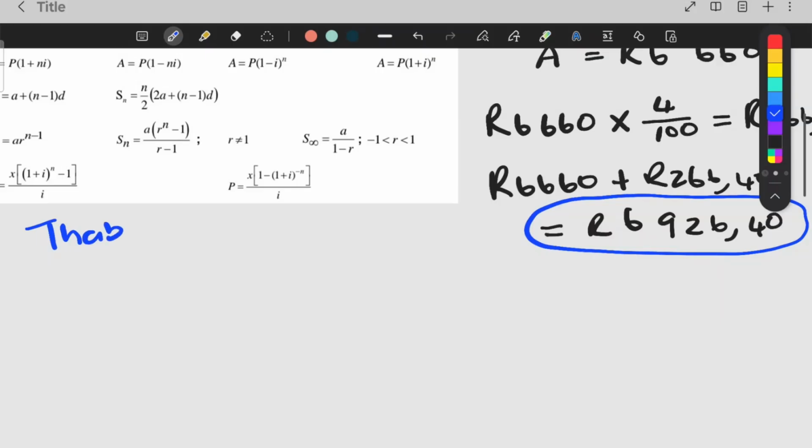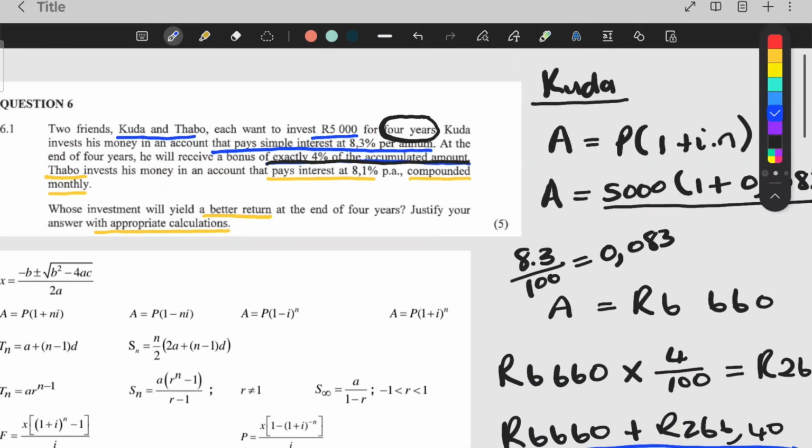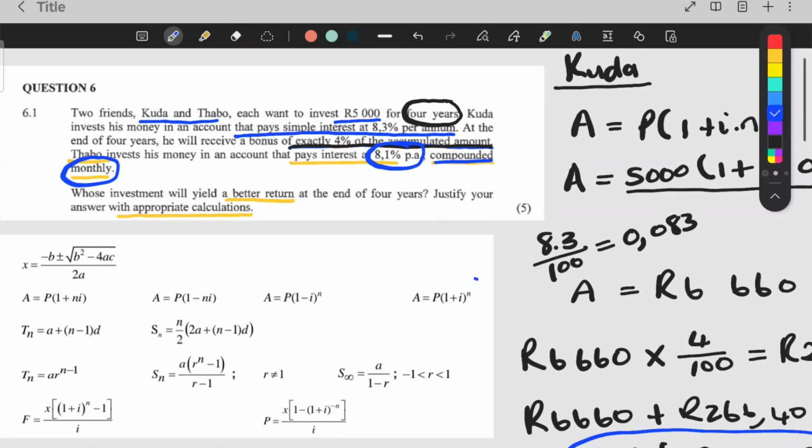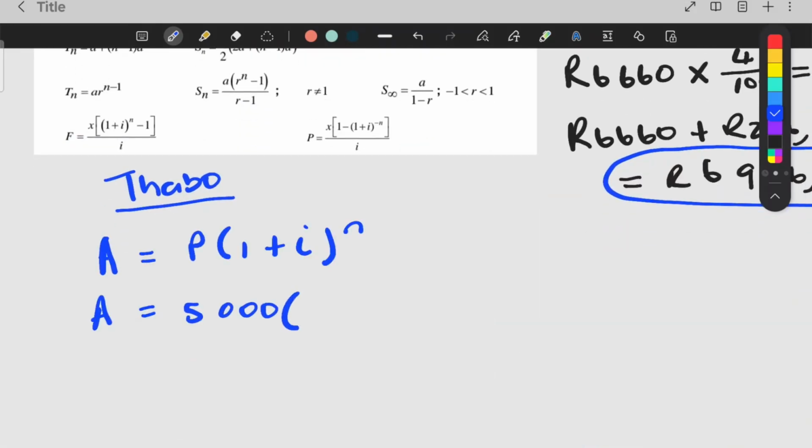So next, let's do Tabo. Tabo is also investing money. The information says Tabo is investing his money at 8.1% per annum, compounded monthly. So not monthly payments, compounded monthly. And because it says compounded, it's the compounding formula. So it's this one here. Let's write our formula down. This is 5,000. Then 8.1 interest is 8.1 divided by 100.